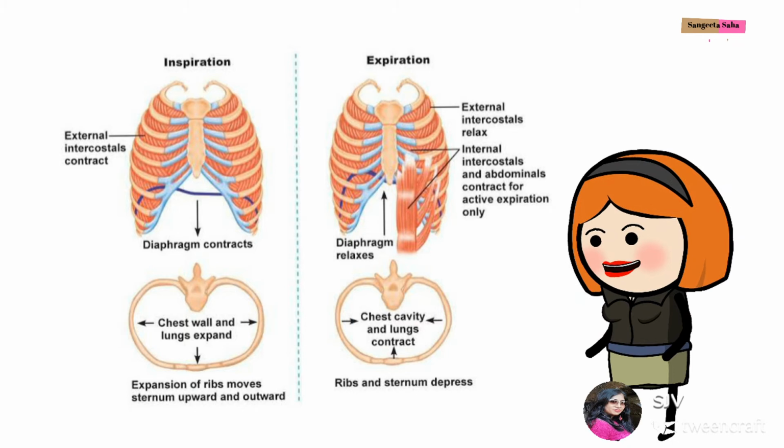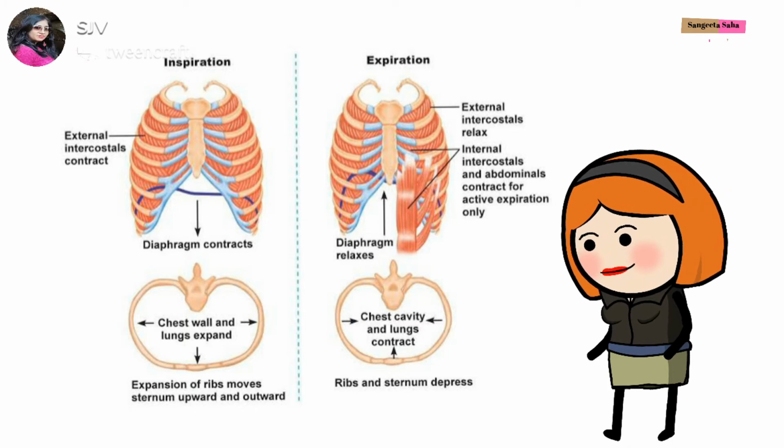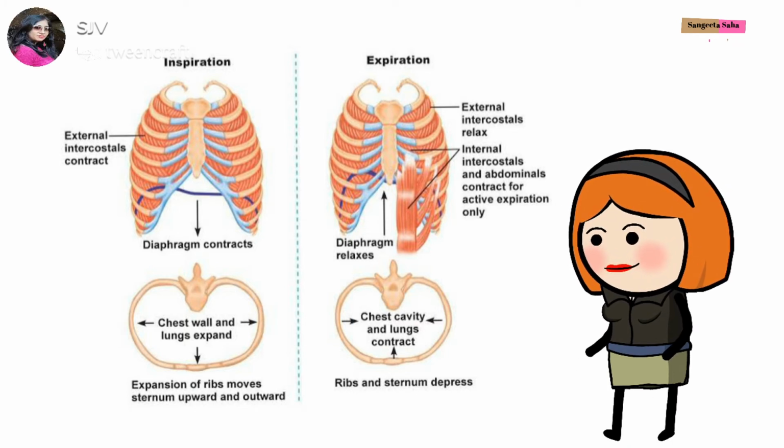Just the reverse thing happens during expiration. The chest contracts, so the thoracic cavity decreases and the internal intercostal muscles contract, and there is a relaxation of the external intercostal muscles.